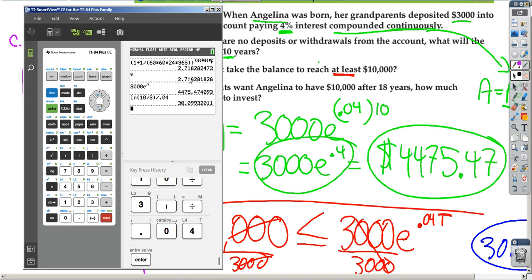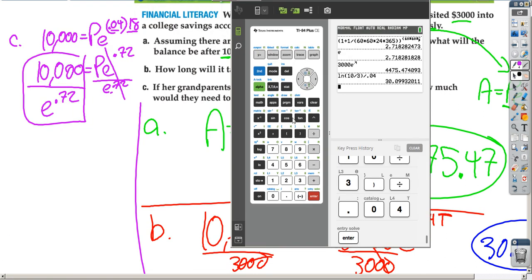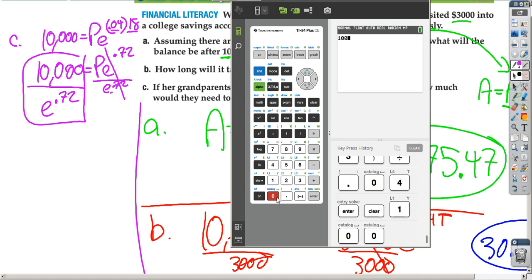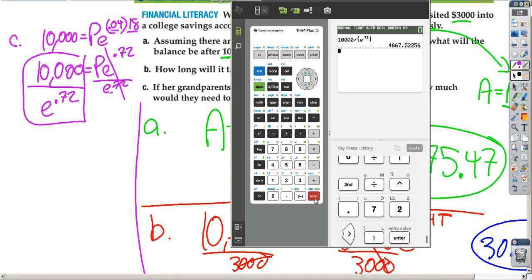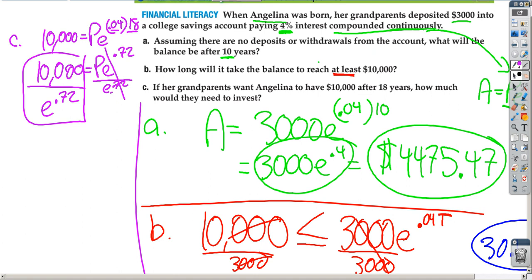So let's see what that needs to be. 10,000, and we're dividing by, just to be safe, we'll put it in parentheses. When in doubt, it's safer to use parentheses. And that is going to be, they need to invest $4,867 to have 10,000 by the time she reaches 18. So that's how you use the formula for compound interest.